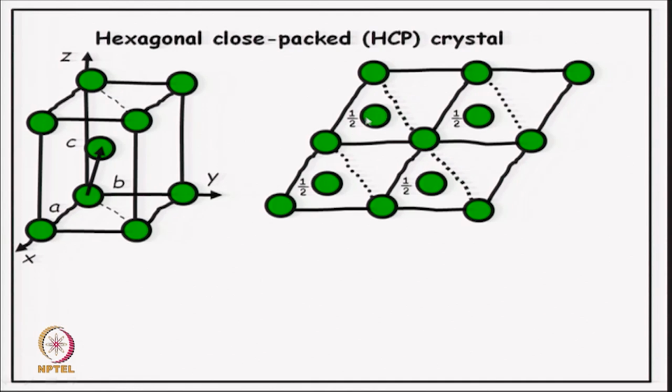And I have given a fractional coordinate, half, to indicate that the position of this internal atom is half the unit cell height. It is half c by 2. So, the indication of that is given here by this fractional coordinate half. So, these 4 are internal atoms to their respective unit cells, and the other corner atoms are seen here.